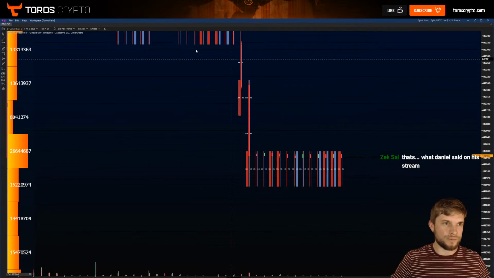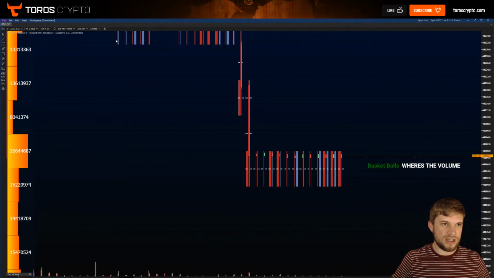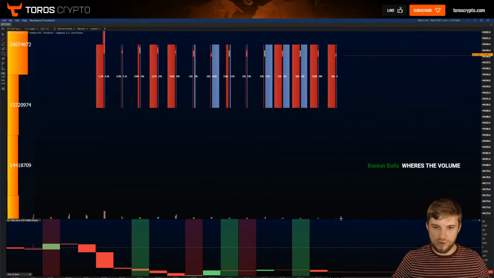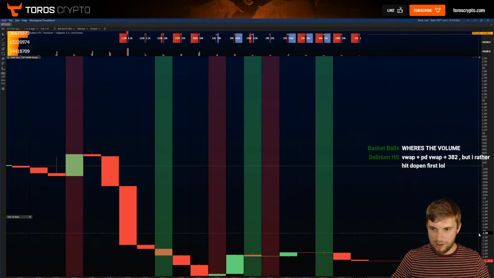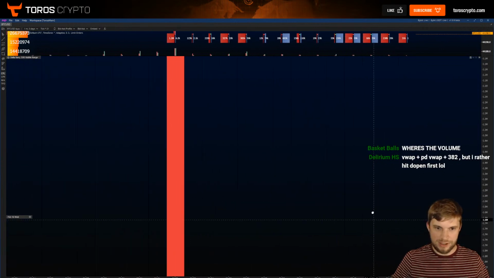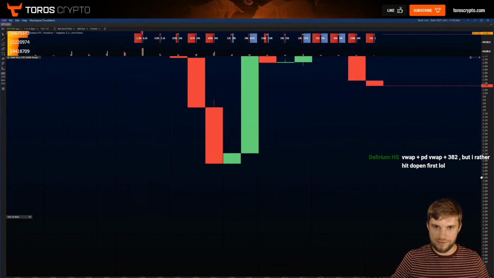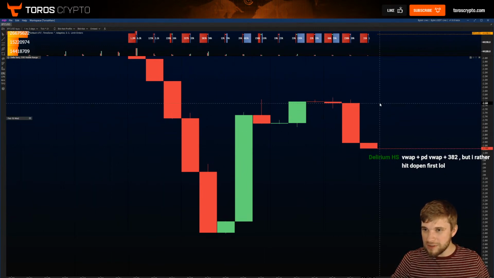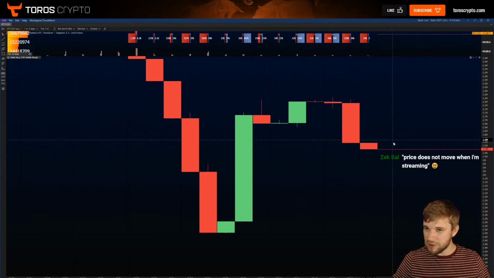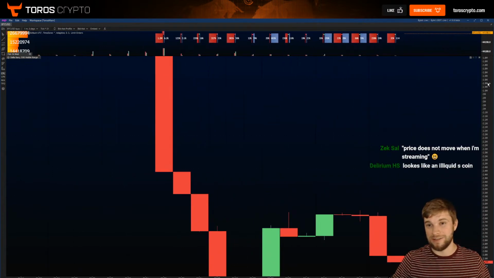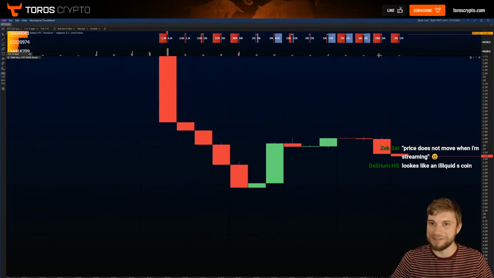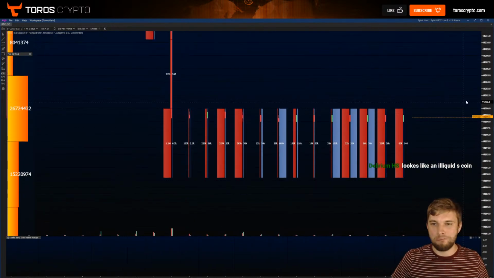And if we do load in our CVD and we look at the delta, we can see that delta has moved an enormous how much million in the last few minutes. We have moved from negative 2.6 million delta on the day to negative 2.9 million delta on the day. Actually, for price not moving, that's quite significant. 300k.